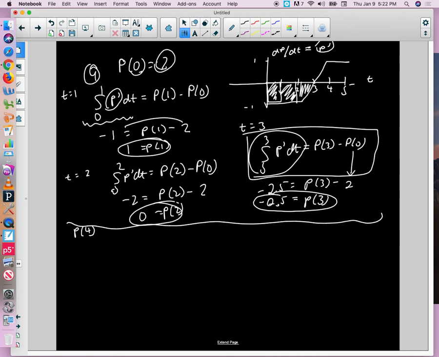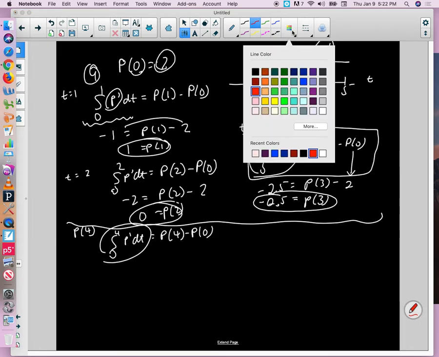All right, and then p of 4. So you were seeing we can find all of these literal points. P prime or dp dt, fundamental, p of 4 minus p of 0. Now I'm going to figure this out from 0 to 4. And these cancel each other out, and so I'm back to negative 2.